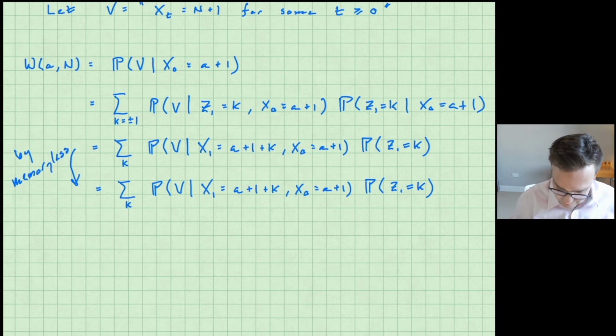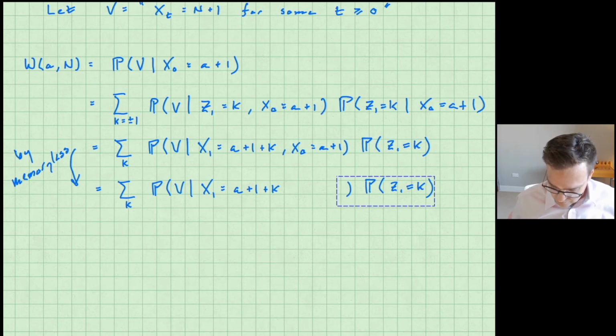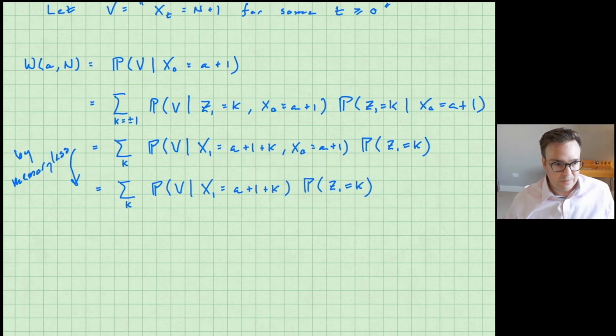The information about what was going on at step 0 doesn't influence that probability, if we know that after game 1, x1 is equal to A+1+K. So we shrink that down by the memoryless property.